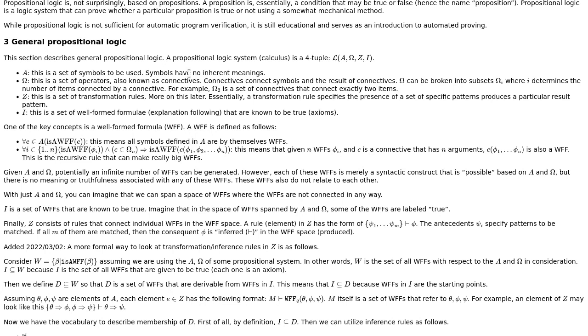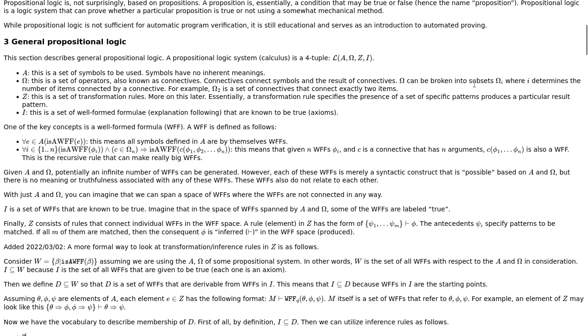So just a bunch of symbols, usually single letters. And then we have omega. Omega is a set of operators, otherwise known as connectives. Connectives connect symbols and the results of connectives. I'll give you examples later on, so this kind of abstract description will become clearer in just a little bit.